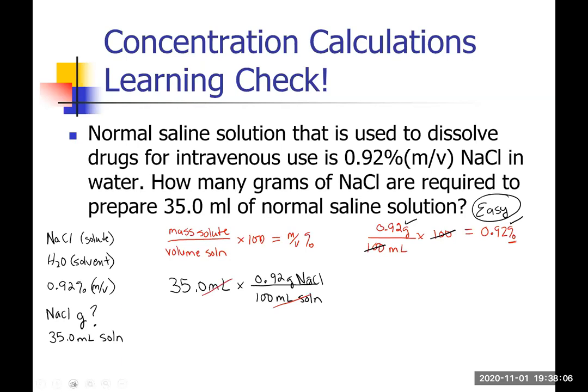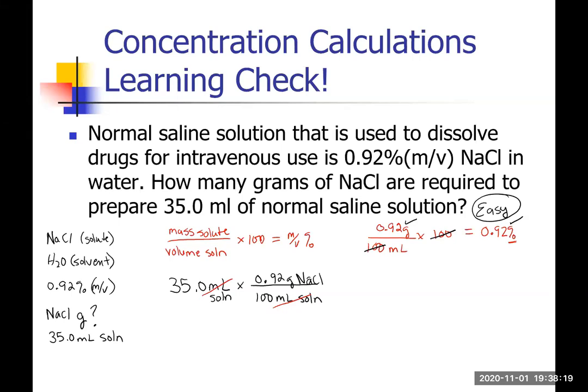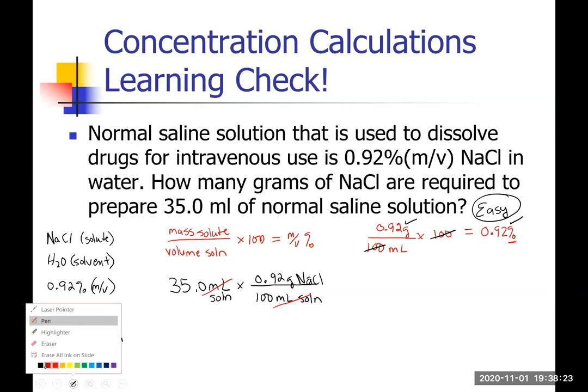And again, I probably should have clarified that this over here is mils of solution, because you have to have the same thing to cross cancel. And so then all I have to do is the math, and I'll have grams of sodium chloride, which is exactly what I'm after.